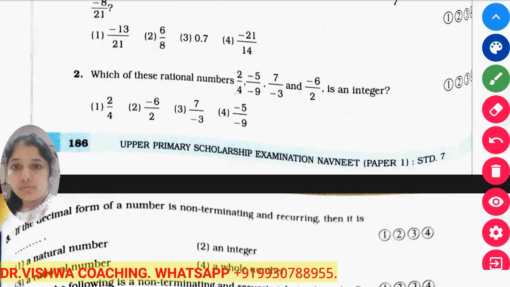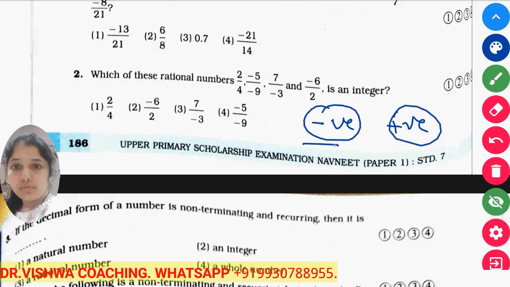Now, which of these rational numbers is an integer? Integer means negative or positive, but a complete number, not the decimal form. So, you divide this, you will get minus 6 by 2, because when 6 is divided by 2, we get minus 3, which is an integer.